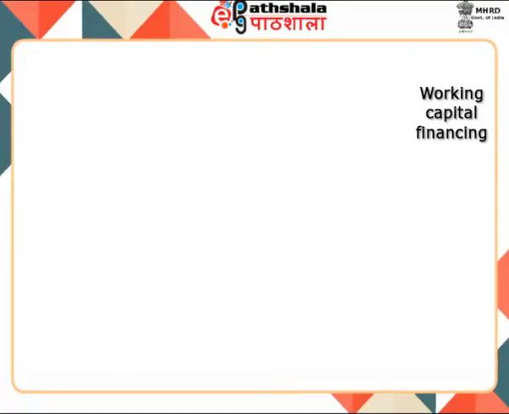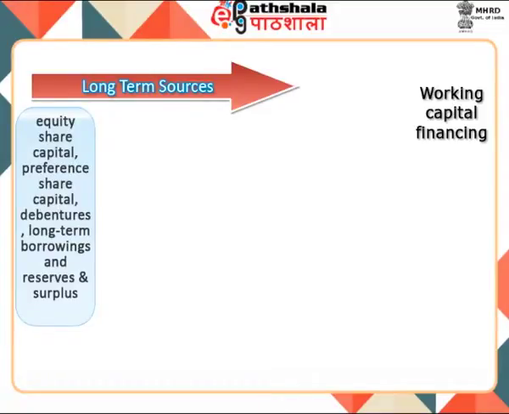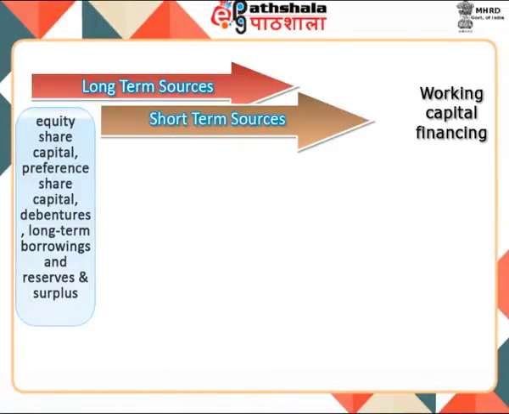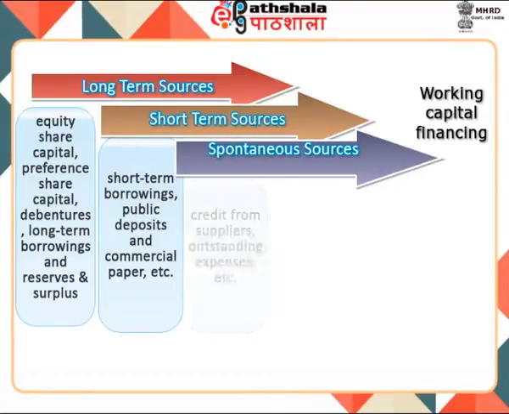Basically, the sources are there, namely long term, which are for more than a year, for example, share capital, debentures, long term loans, etc. Short-term sources which are granted for less than a year, for example, short-term loans, public deposits, etc. And spontaneous sources which are not specifically taken but eventually arise in the course of business, like creditors, outstanding expenses, etc. A firm selects any of these three sources to finance its working capital.